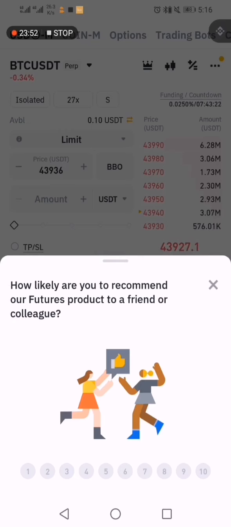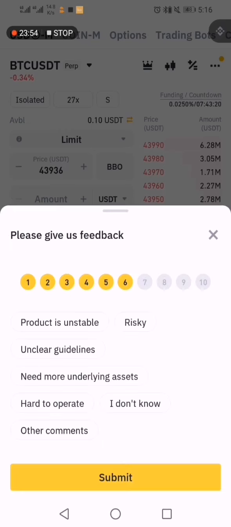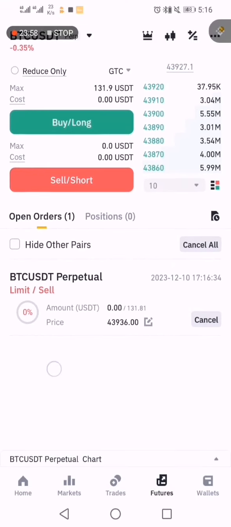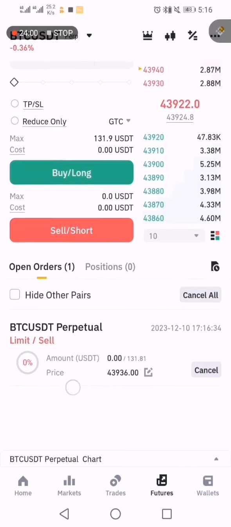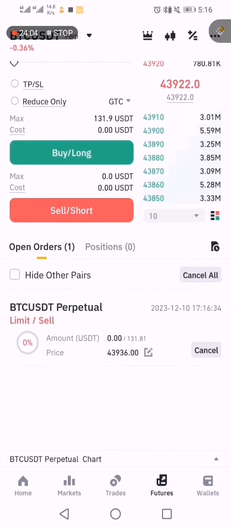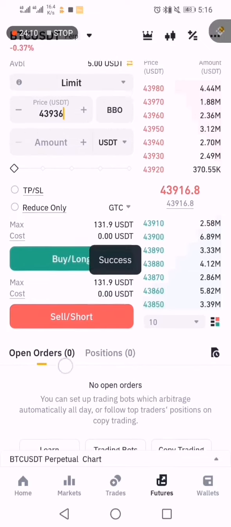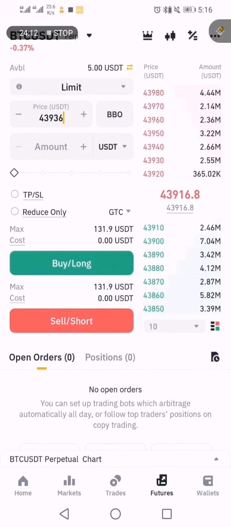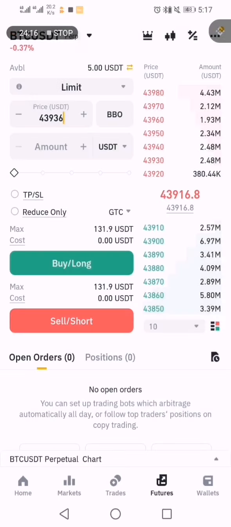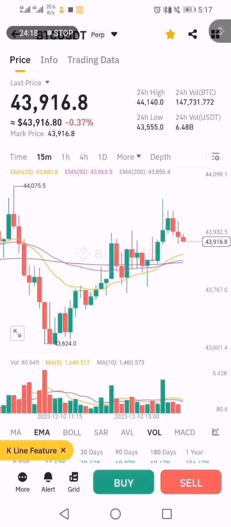I'm selling short. Why do I sell short? So we get to see it in the chart now. Open order 1. Oh, I'm using limit, and you can see now the short, the price has changed immediately.